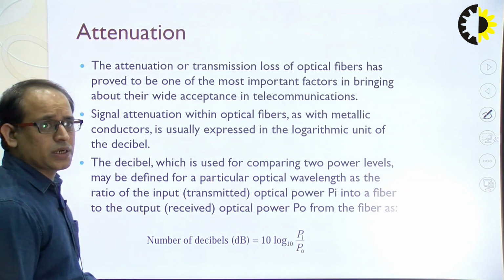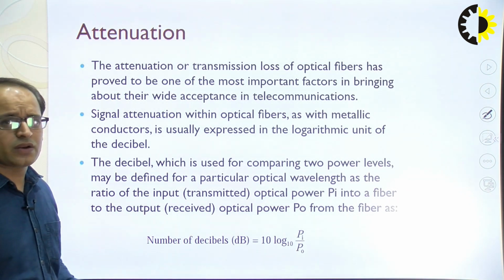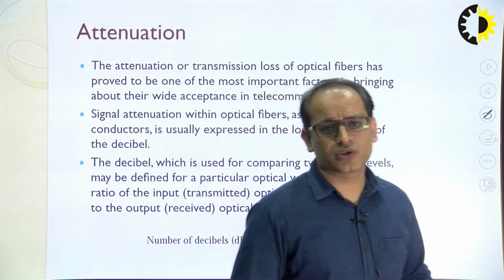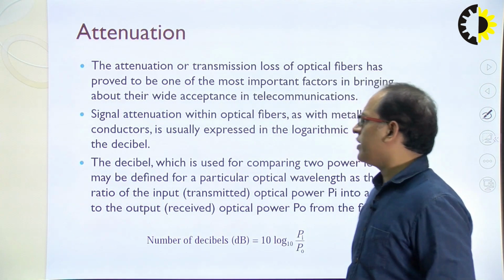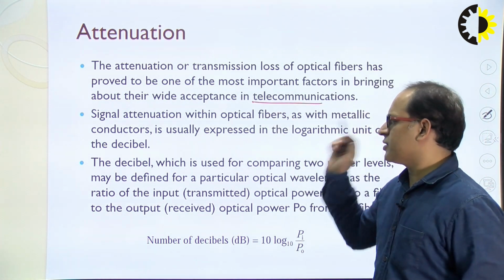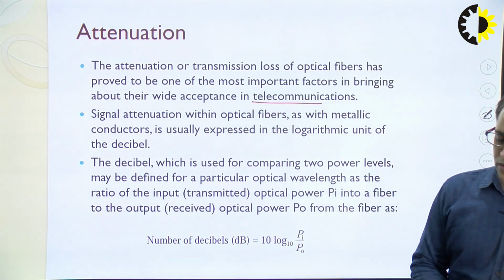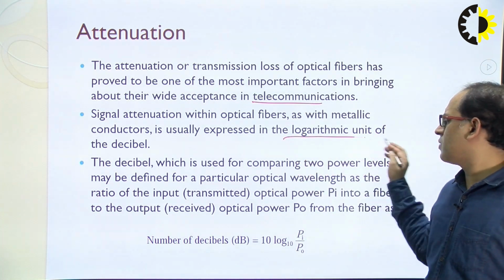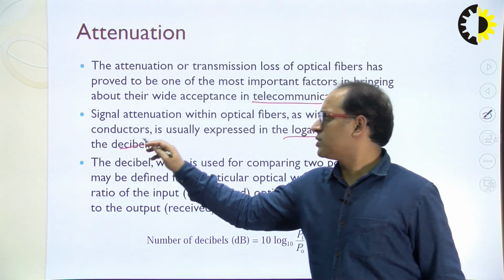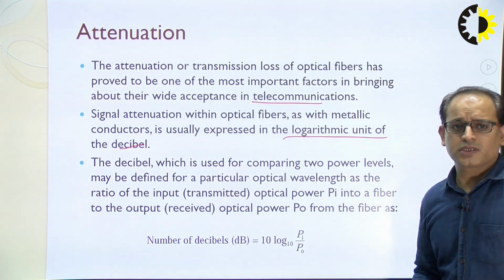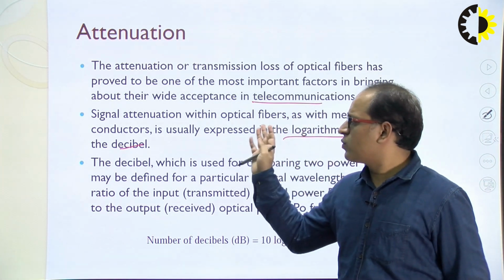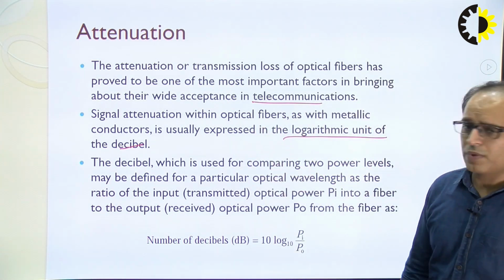So, attenuation is the transmission loss of optical fiber, which is the most important factor in bringing about the wide acceptance of telecommunication. Signal attenuation is generally expressed in logarithmic units, or in decibels, calculated in terms of power.